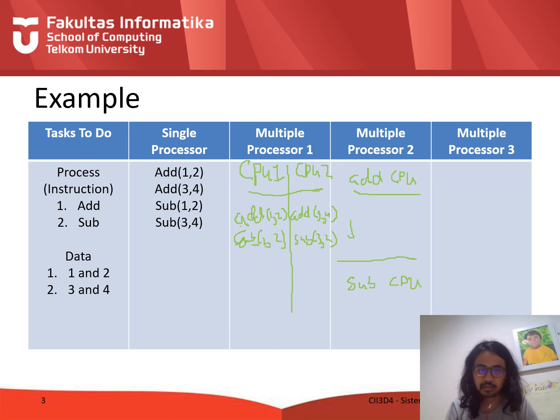So if there are 2 tasks, the add CPU does add 1 and 2, and does add 3 and 4. And the sub CPU does sub 1 and 2 and sub 3 and 4.